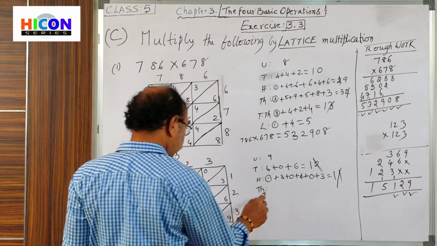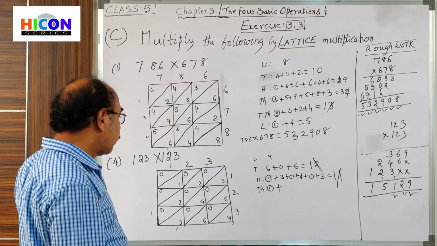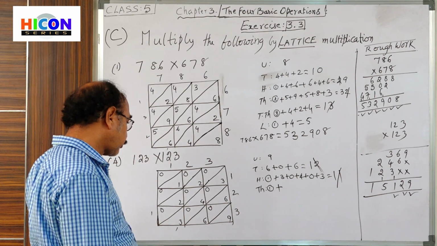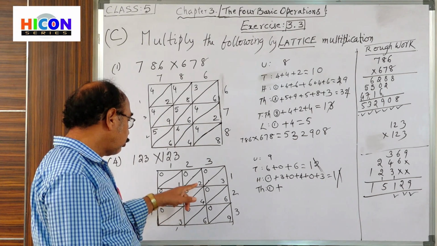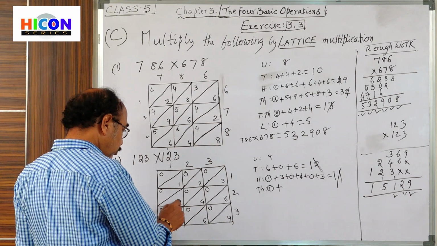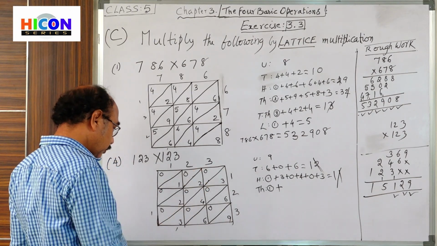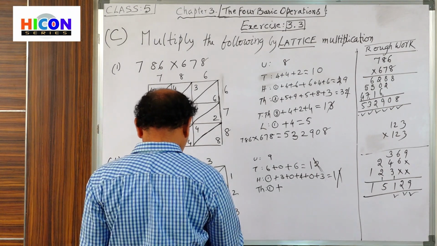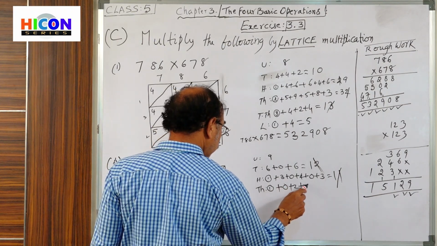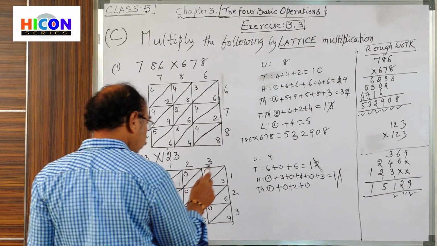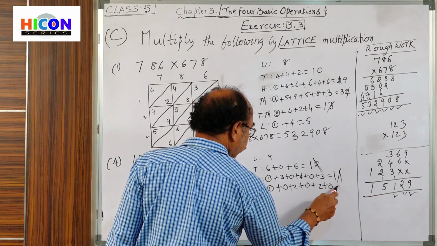So one carry here, I told. What are the digits here? 0 2 0 2 0. That means this is the diagonal. Okay, students, very carefully follow.